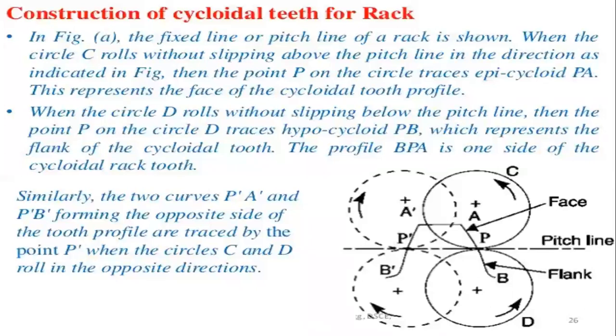And we have to roll another circle, that is circle D. So you can see the downside part of the pitch line, that is the D circle. This D circle is also rotating without slipping.